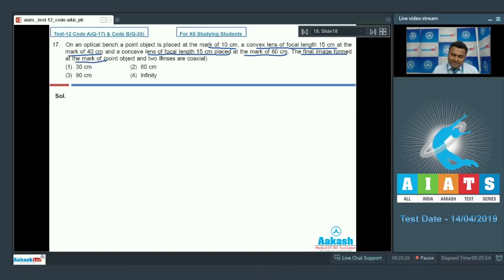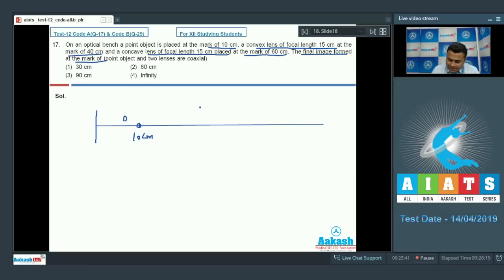Now it is given that object and two lenses are coaxial, so we can write here, this is the optical bench, suppose here is the beginning, and this is the mark of 10 cm where a point object O is kept.